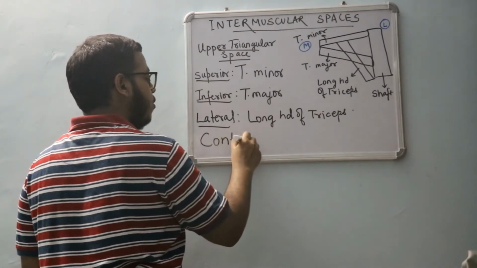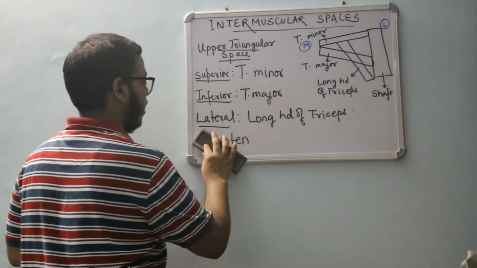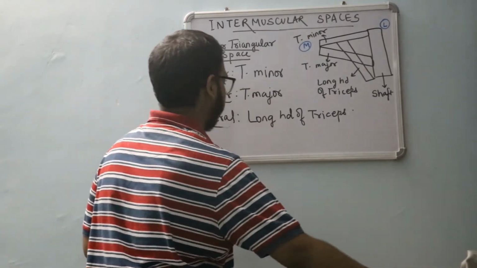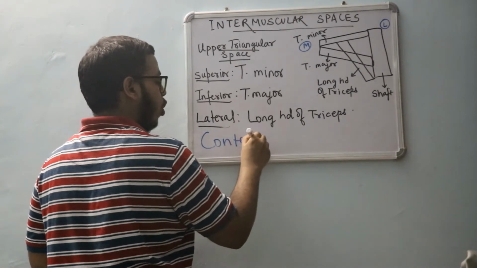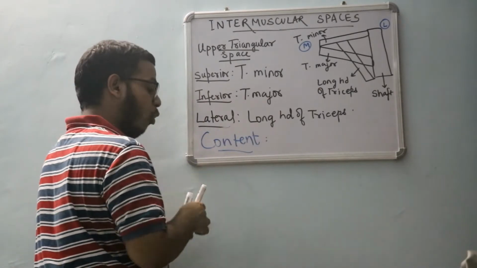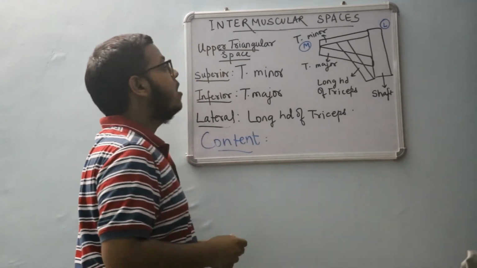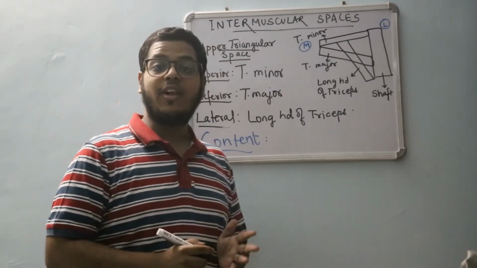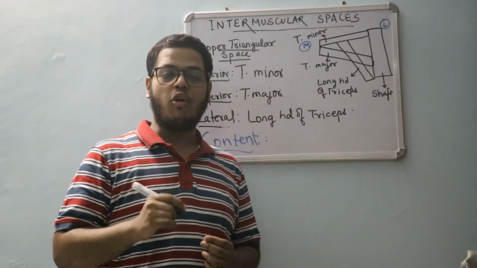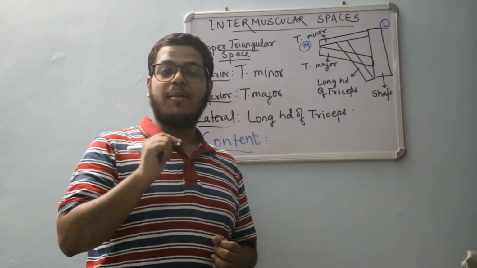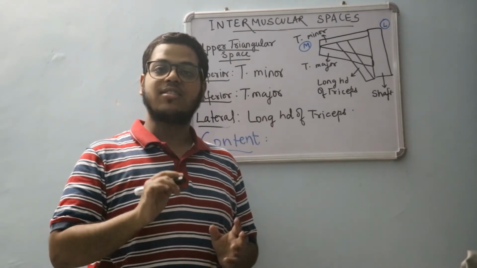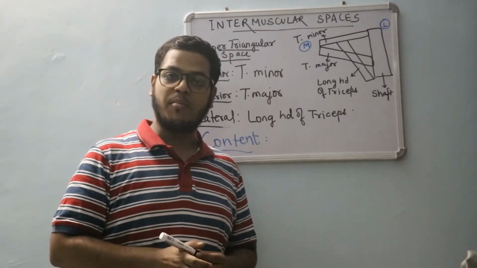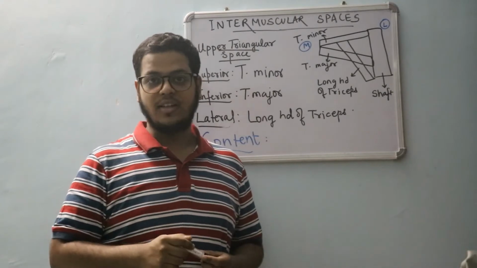This has only one content. Let me write it with a different pen, it would be much more easily visible. The content is a very important vessel, the artery known as the circumflex scapular artery, which is a branch of the subscapular artery, the largest branch of the axillary artery. The subscapular artery is a branch of the third part of the axillary artery.